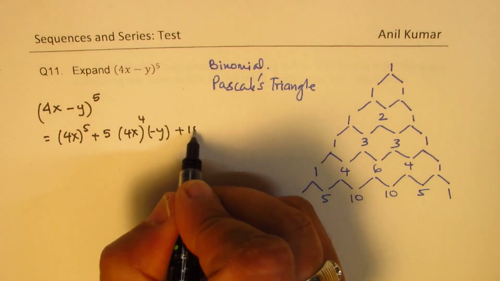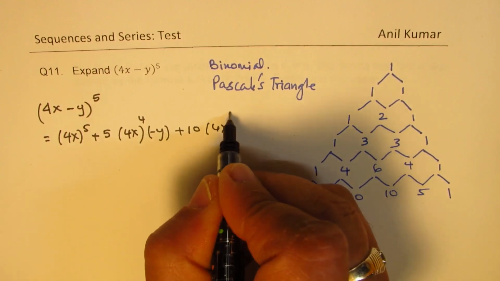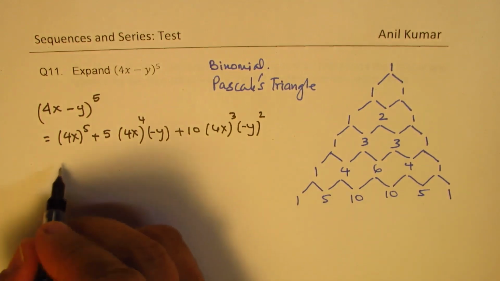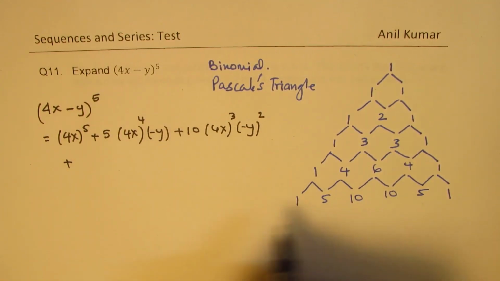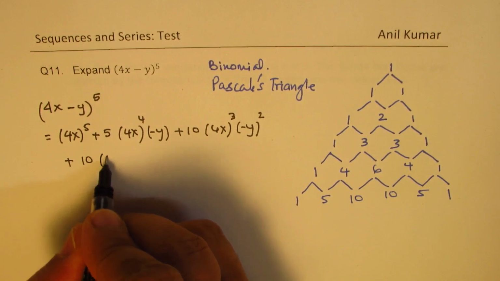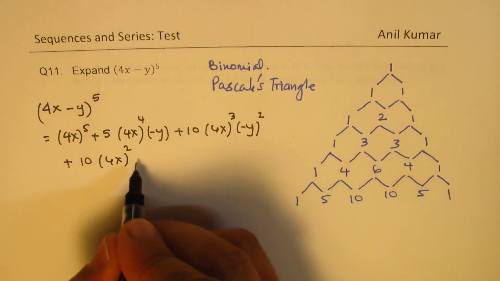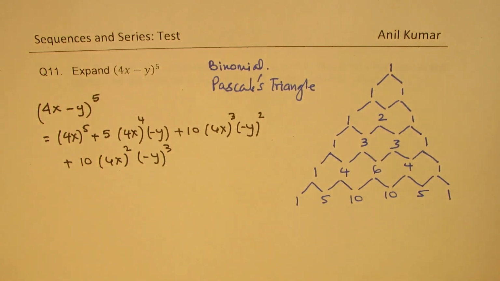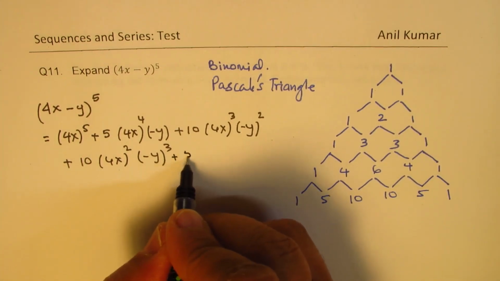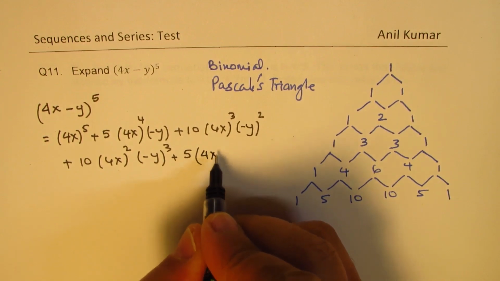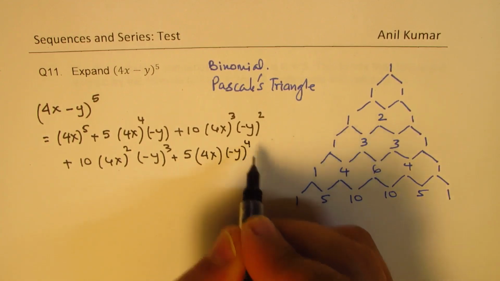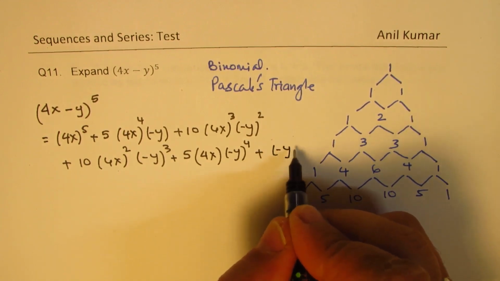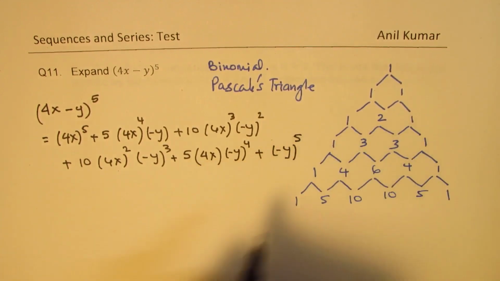Next coefficient is 10, (4x) to the power of 3 times (minus y) squared, and then we have again 10, so plus 10 is the next coefficient, and we have (4x) squared times (minus y) cubed. Their sum of powers will always be 5, okay? Then we have 5, we have 4x and (minus y) to the power of 4, plus 1 is the coefficient now, and we get (minus y) to the power of 5, correct?